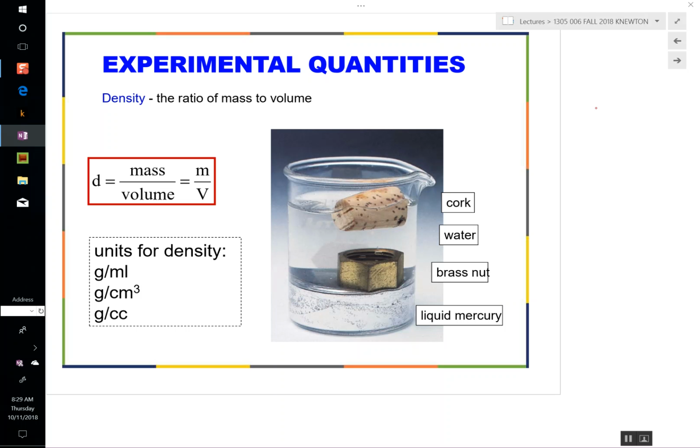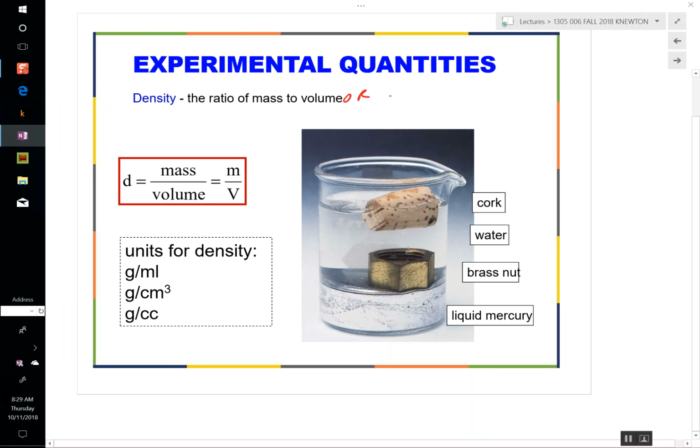We're taking two of those fundamental measurements, mass and volume, and looking at the relationship between them. Density is the ratio of the mass to the volume, or mass per unit volume.